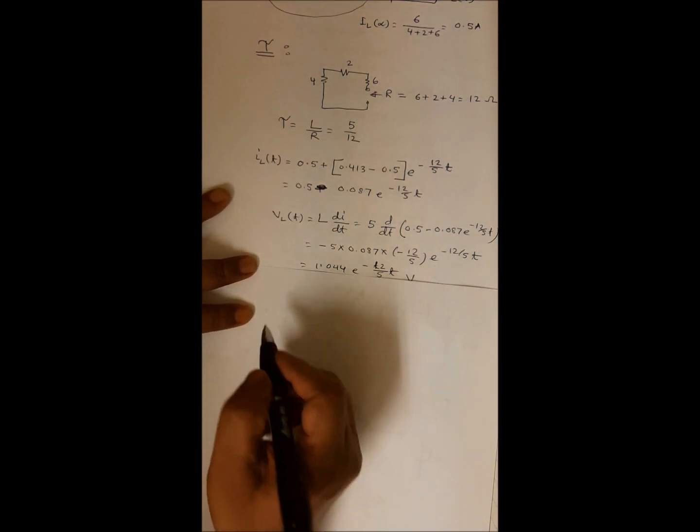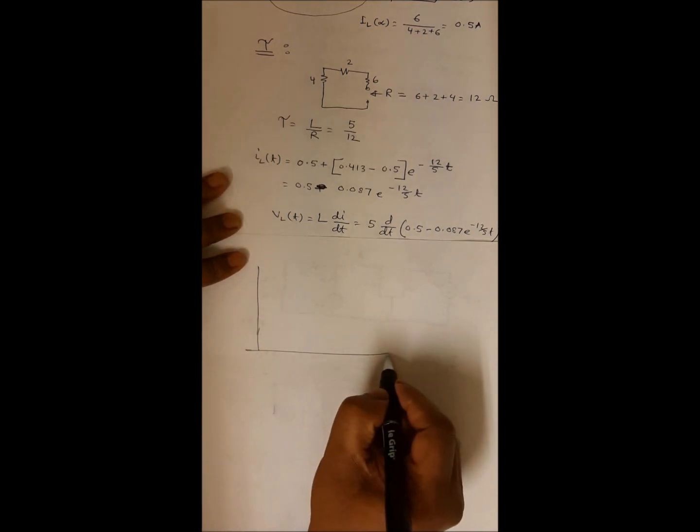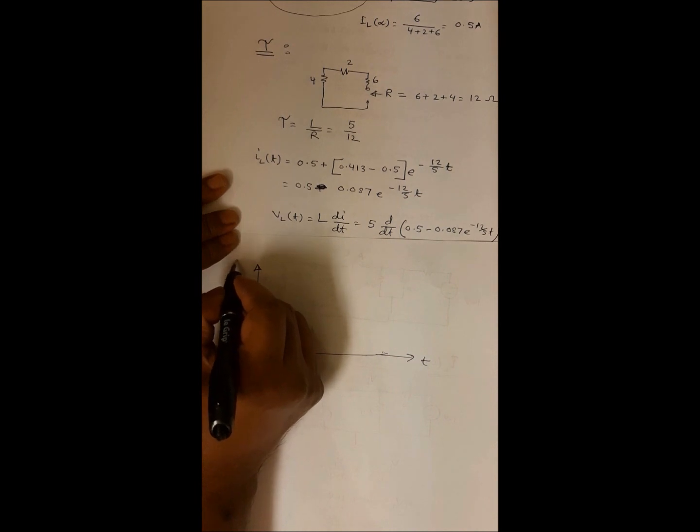Now if we want to draw the current waveform, you'll see how we can draw the current waveform for the inductor over time. So this is time, and this is the inductor current.